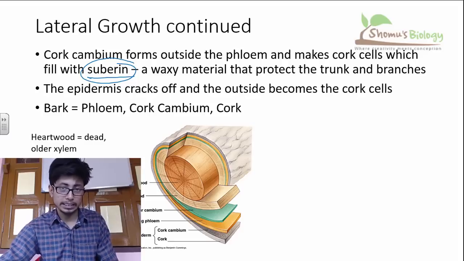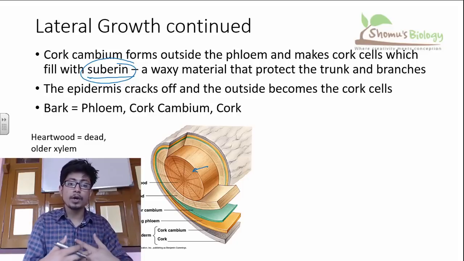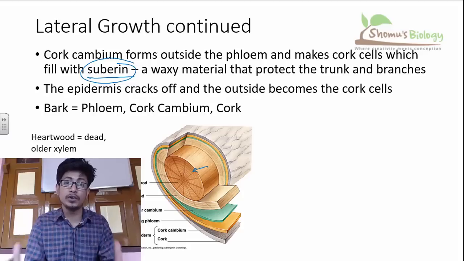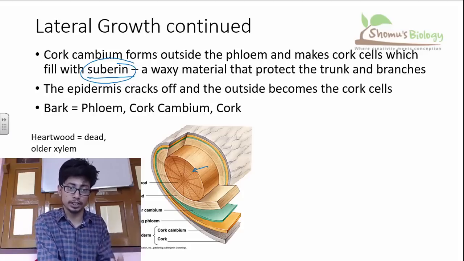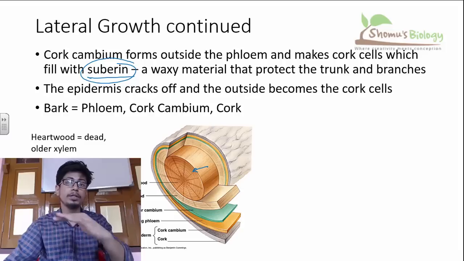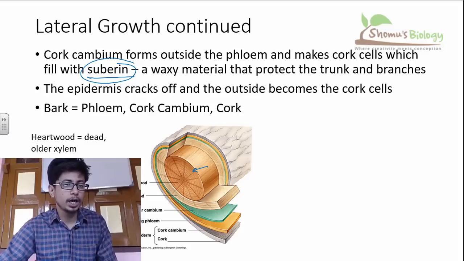Ground tissue is obviously the primary part of this hard tissue. Okay, so phloem becomes bark, and the cork cambium and cork are present with the phloem to give it a much more rigid and properly safe structure. Now here if you look at the wooden structure, in the middle we have a very thick wood. We call it heartwood.